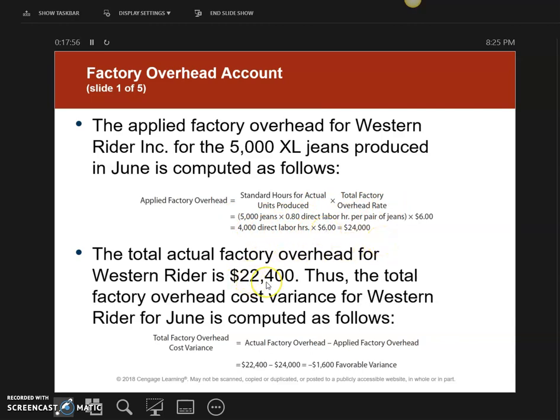The total factory overhead is 22,400. So I budgeted, applied means budgeted, 24,000. My actual was 22,400. So my actual minus my budgeted, remember that we always put actual first, is negative 1,600, a favorable variance.